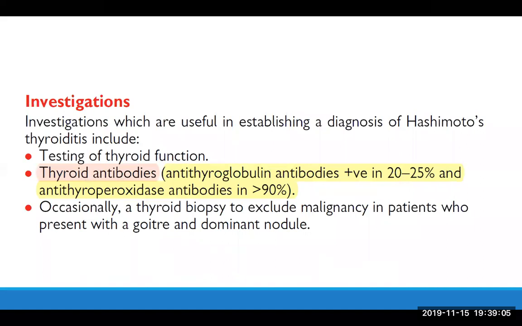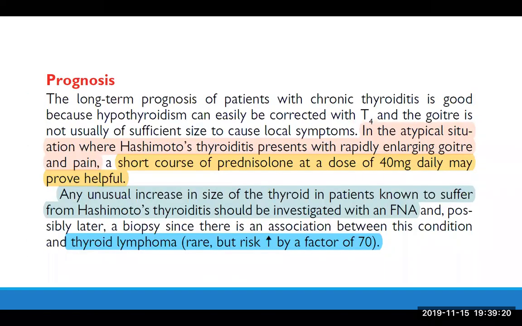in more than 90%. We can do a thyroid biopsy, as we said previously, if we suspect a thyroid nodule with suspicious manifestation, or we suspect a lymphoma for diagnosis. The prognosis of Hashimoto thyroiditis: of course, if there is a rapidly enlarging goiter, we must suspect it may be lymphoma, or it may need a corticosteroid, in a dose of 40 milligram daily, which may be beneficial in this scenario if there is pain and a rapidly enlarging goiter, but you must exclude a lymphoma.